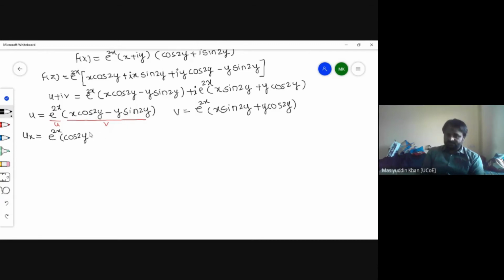So these two parts are zero, the remaining stays as it is, plus. See, u is kept as it is, the derivative of v with respect to x is taken, so the derivative of x is 1, cos 2y as it is, and this part is zero by default.